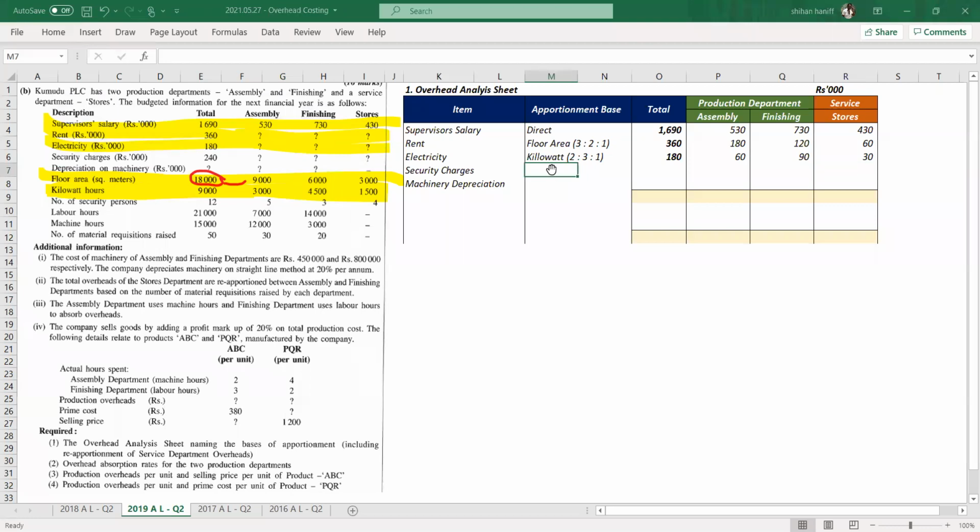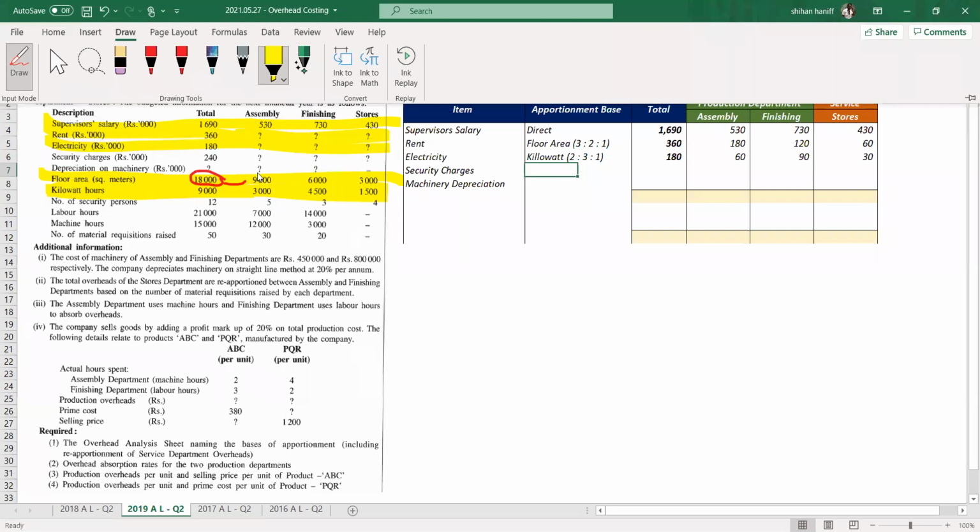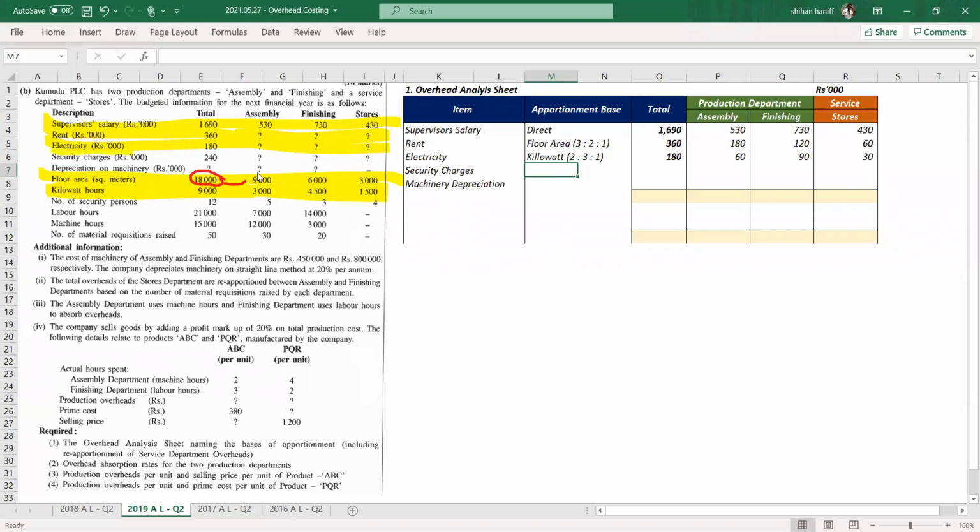Security charges. Security charges we have to take. Total amount is 240,000.